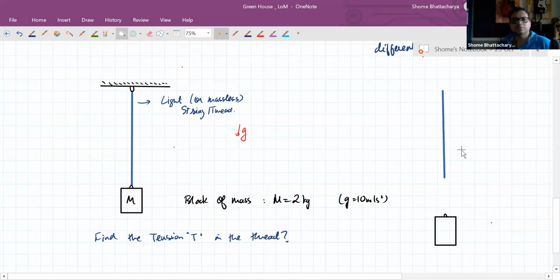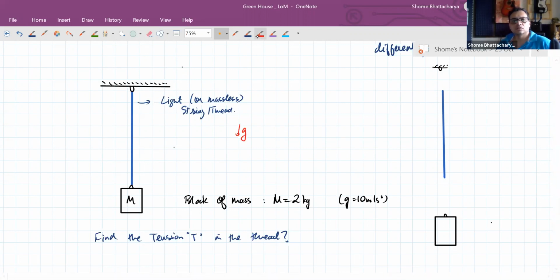So just think of them separately now, the three things, the hook which is attached to the ceiling. What is happening is that the block is experiencing an upward force through this, and it's pulling this downwards. The hook is experiencing a downward force through this, and it's pulling this upwards.